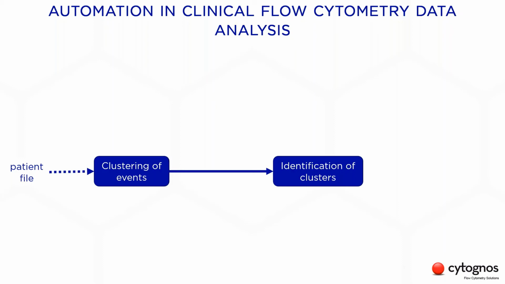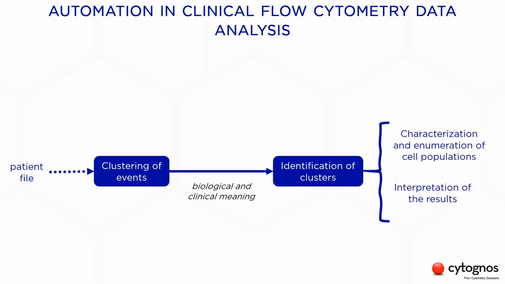To put it simply, the automation consists of clustering all the events in the file, followed by an identification of all these clusters. But to be able to give the populations a clinical and biological meaning, we need to feed these algorithms with human knowledge and expertise, and that's the EuroFlow reference database.